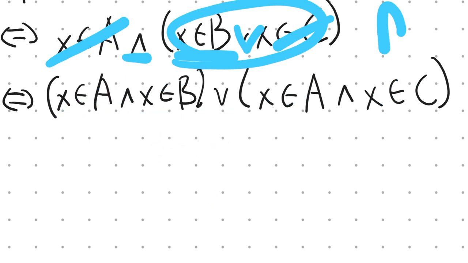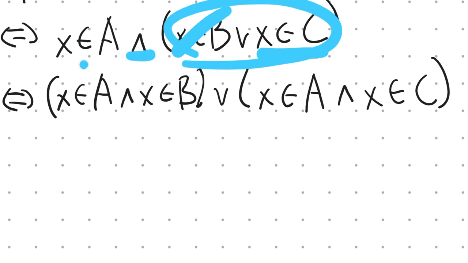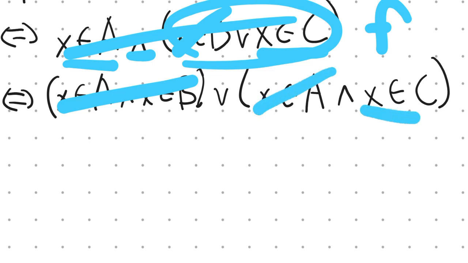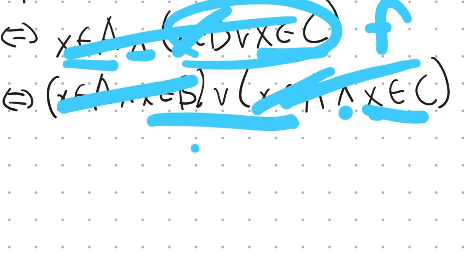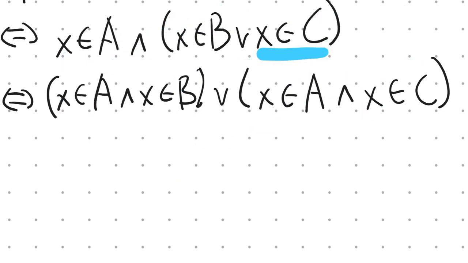So false on both sides. Let's say x is in C. This will give you true, false, but the whole thing is true, and false, so the whole thing is false. If x is in C, this is false, and this is false, but this is true. But true and false will give you false, or false will give you false. So we have just proven it for all the cases where x is in A, B, or C. That is actually true and equivalent.